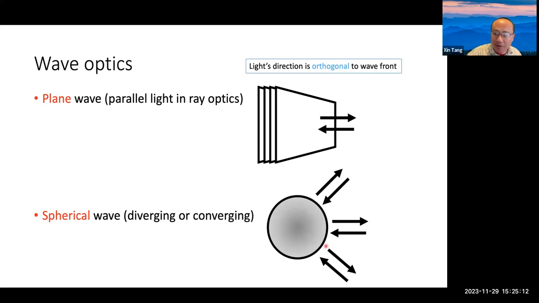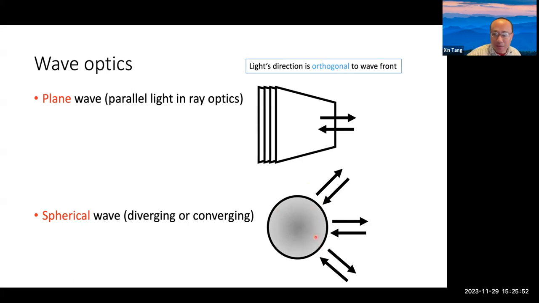But at the same time, if the light is traveling like a spherical wave, then based on the principle of energy conservation, the amplitude of the light becomes dimmer and dimmer. Okay, so becomes smaller and smaller. Because the intensity per area or per volume becomes lower and lower, right? Because the total energy is the same. Now the volume becomes bigger and bigger.